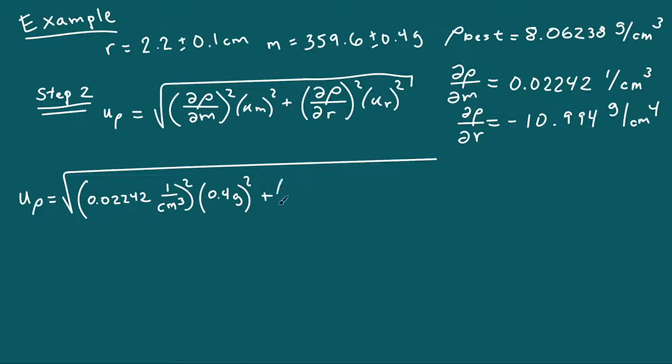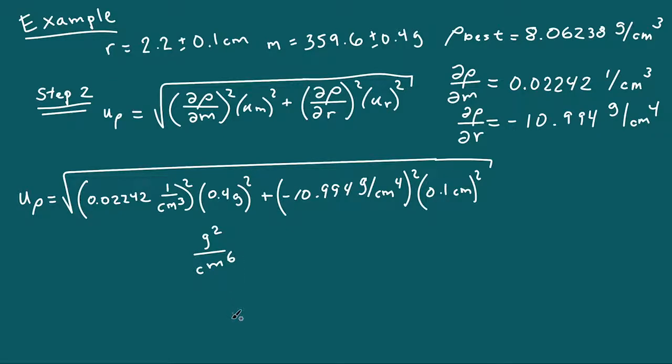And then we repeat this, so now we have to add the second partial derivative, which is negative 10.994 grams per centimeter to the 4th power squared, times the uncertainty in r, which is 0.1 centimeters, and that's squared. And we do the square root of the whole thing. If we look at the units here, the units on both sides should give us the same thing. So this should have units of grams squared divided by centimeters to the 6th.